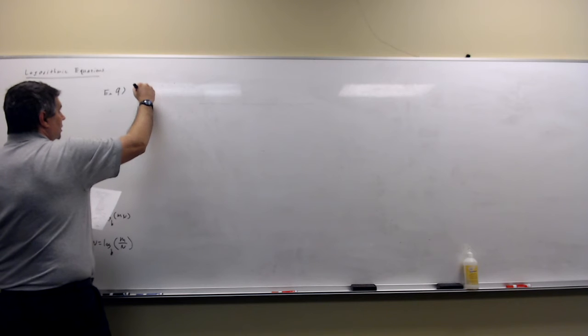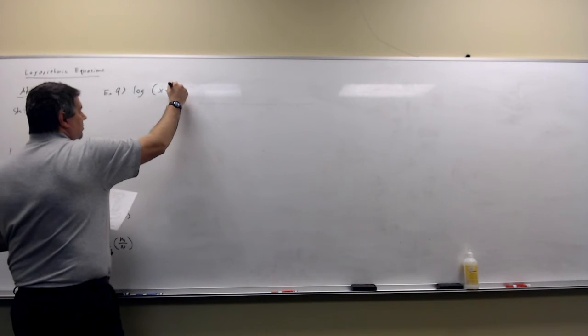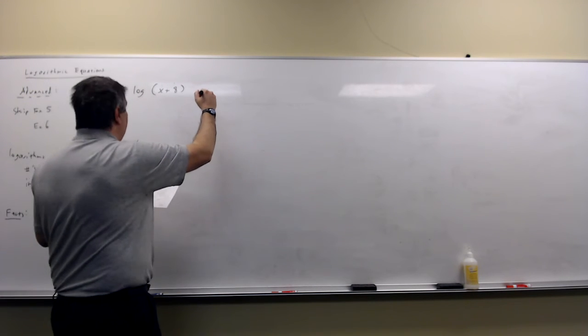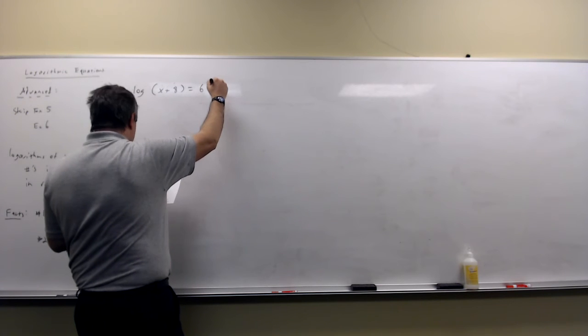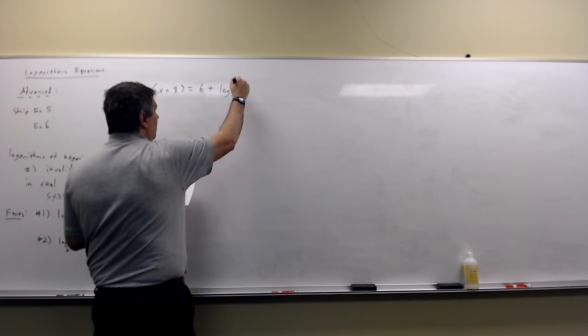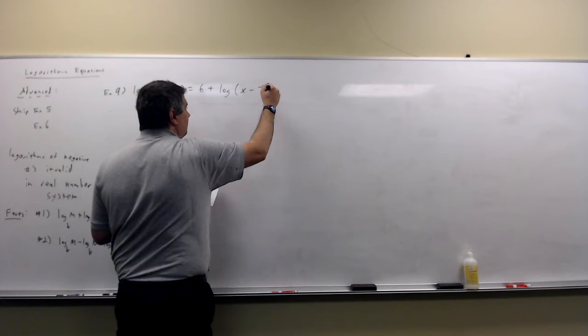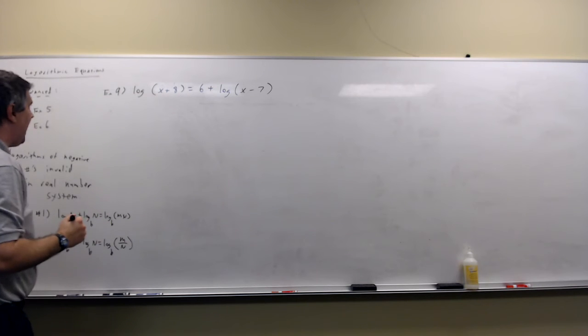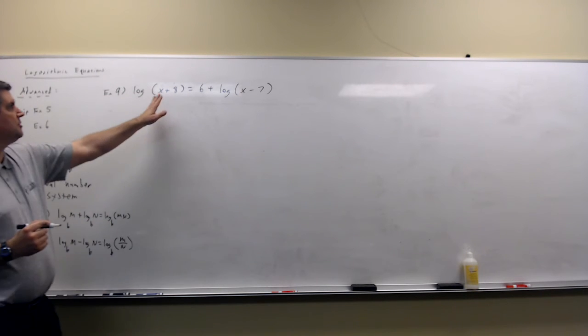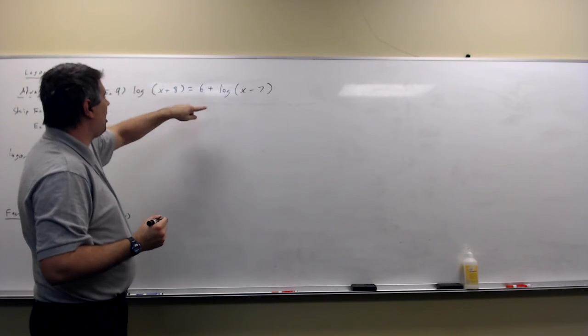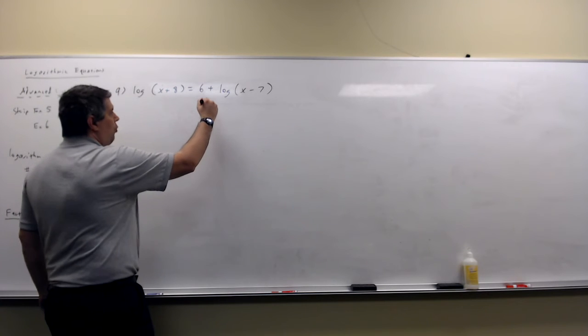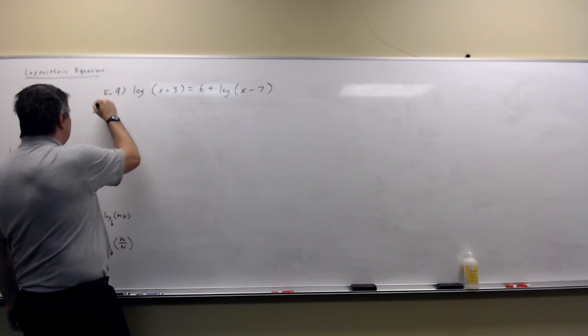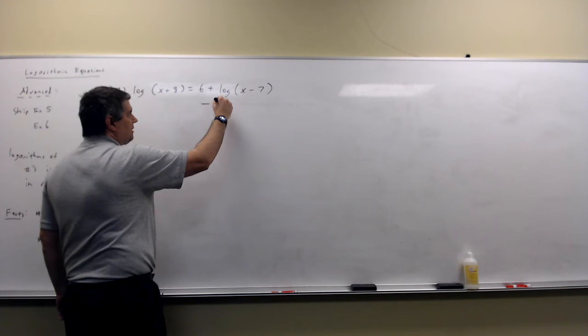Log of x plus 8 equals 6 plus log of x minus 7. Now, we've got multiple logarithms and they're on opposite sides of the equation. We need to get them to one side.